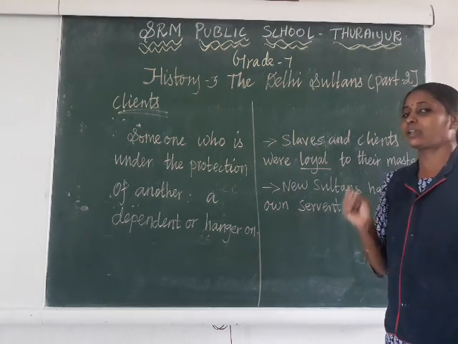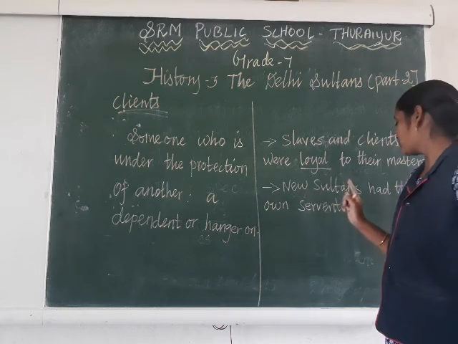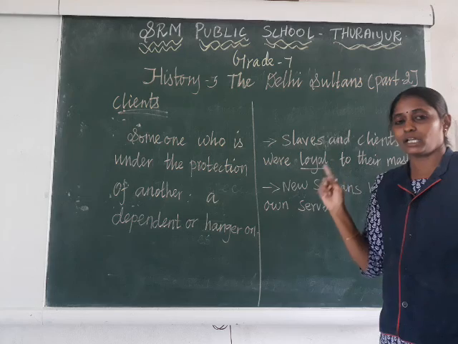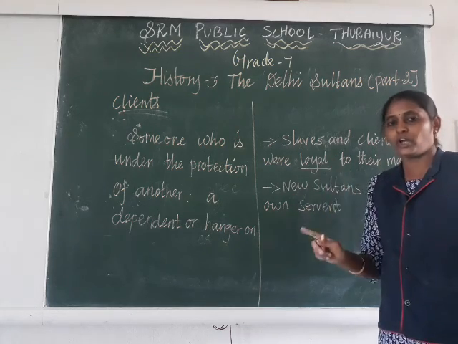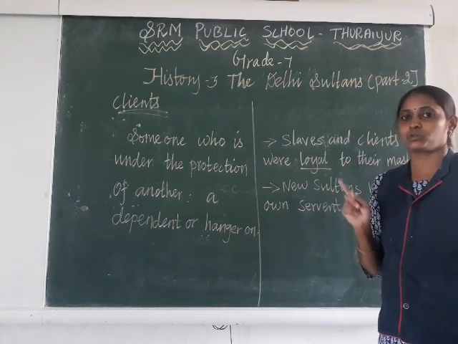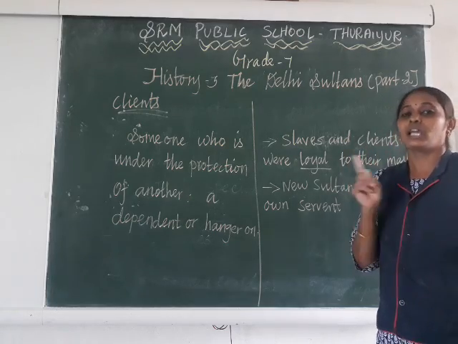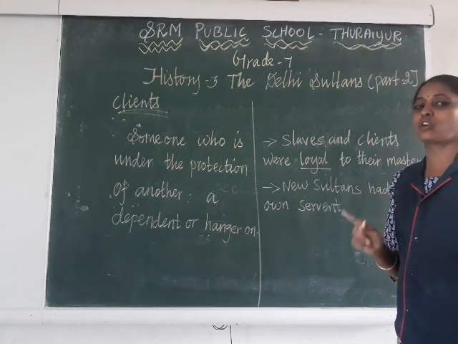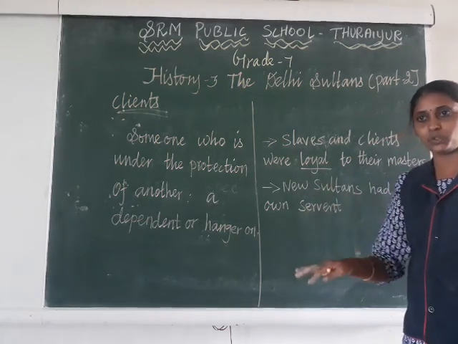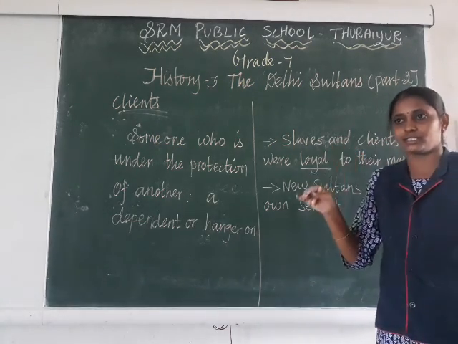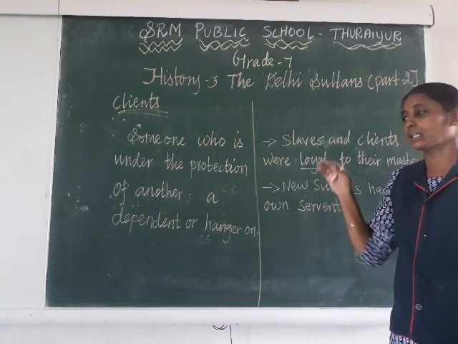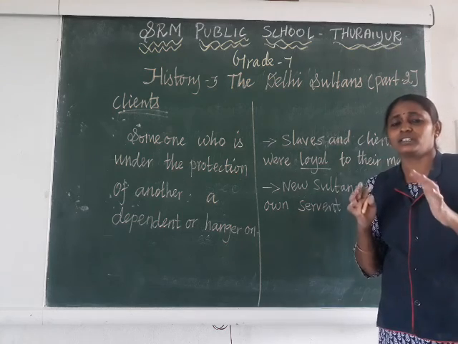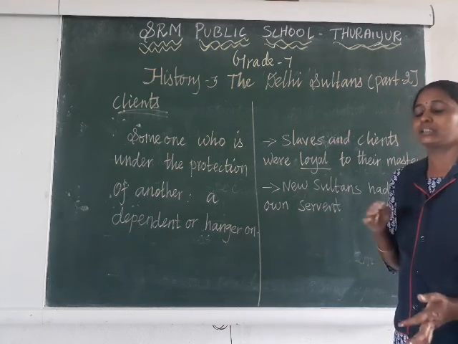Assassinated means killed. They were killed by the new sultans. Why? Because the slaves and clients were loyal only to their master. To whichever king they were working for as a client and slave, for him alone they will be loyal. Suppose anybody else acted against that king, they would aim to kill that person.